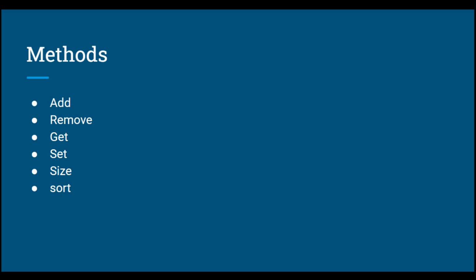If you use get, you can get any value from the list. After that, we can set the elements. That means if you want to update an element in the list, you can do that also. And if you want to get the size of the list, you can use the size method.